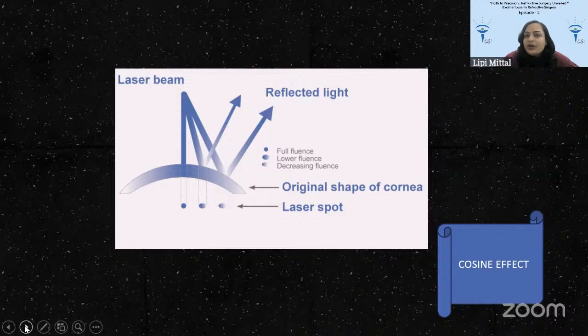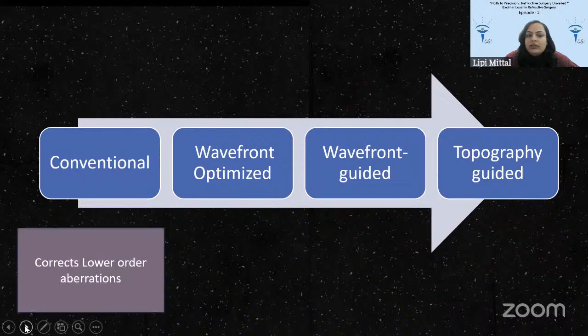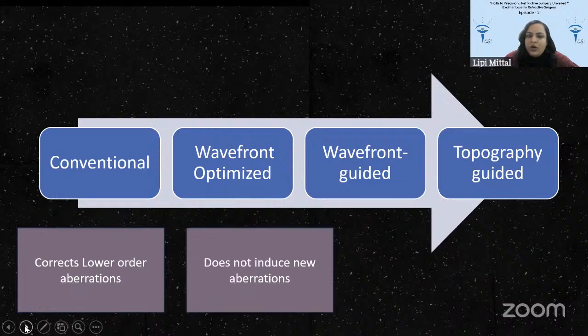So this is machine-induced aberration. In the conventional method, all the lower order aberrations, that is the spectacle correction, is given, but it does not consider the machine-induced aberrations. So in wavefront optimized, the optimization in the machine is done in such a way that it will not induce newer aberrations. Whatever aberrations are there in the eye will be there.